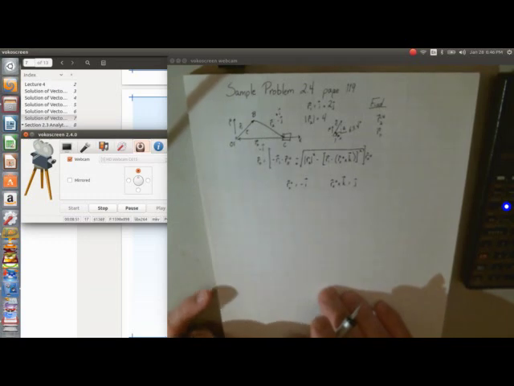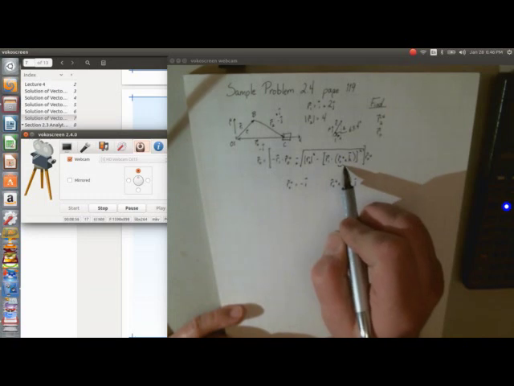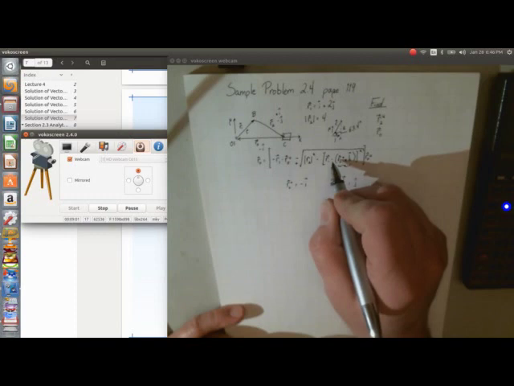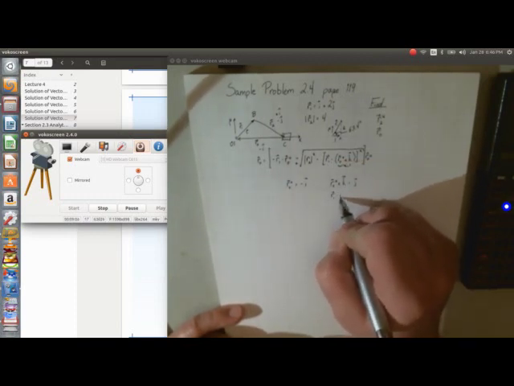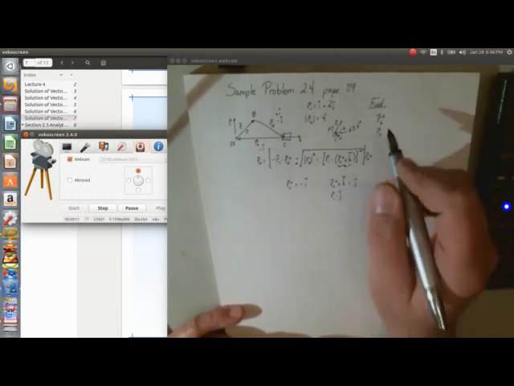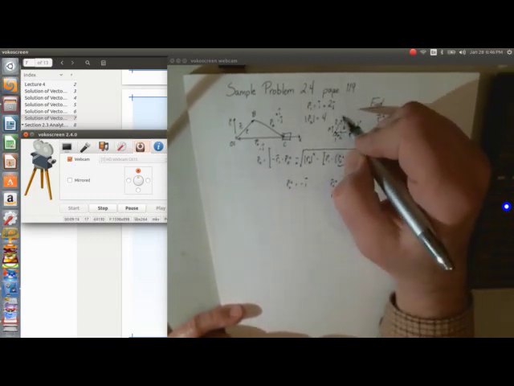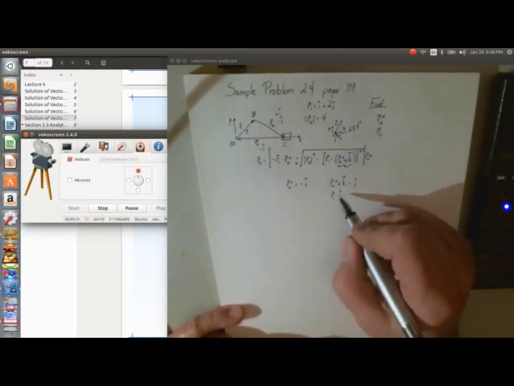So let's see here. That gives us this portion. Now I can say that r sub 1 dot product with j. Now let's see here. R sub 1, we're trying to get its magnitude, because remember that the dot product is equal to the magnitudes of the two vectors multiplied by the cosine of the angle between them.